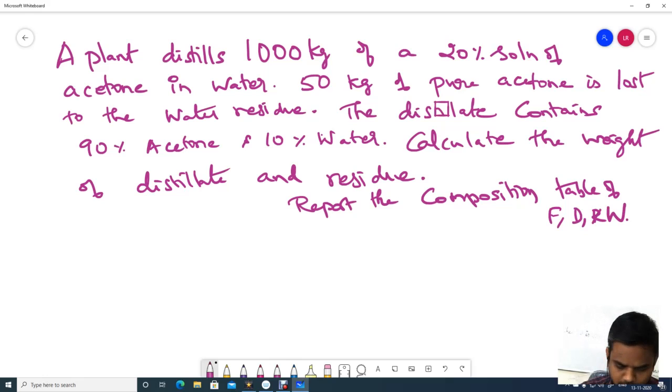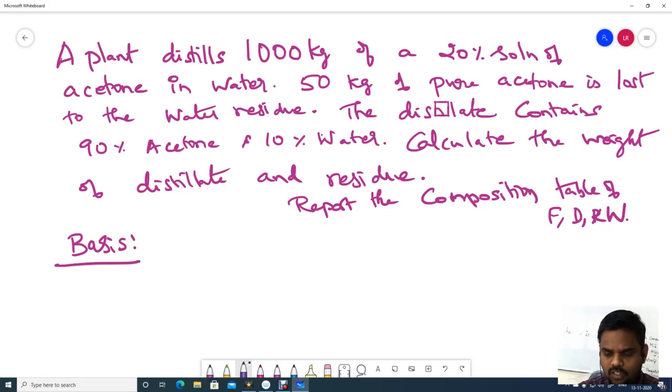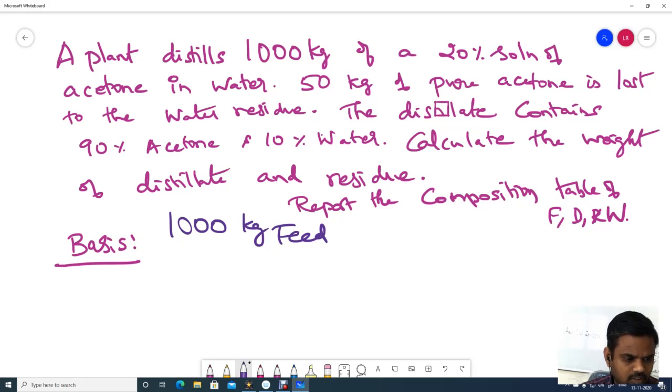So what is the basis for this problem? It is given 1000 kg of feed, right? So we have a basis given, 1000 kg of feed. So feed is liquid, solution, so it is weight percentage.